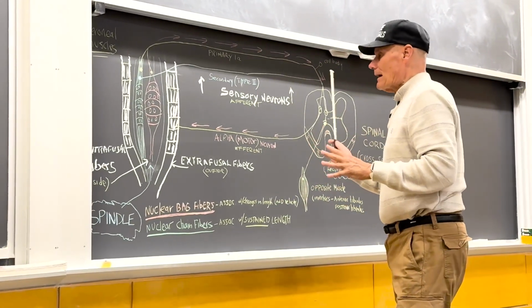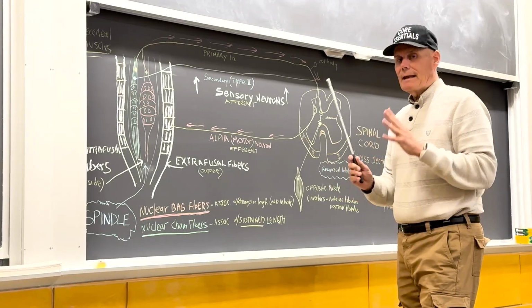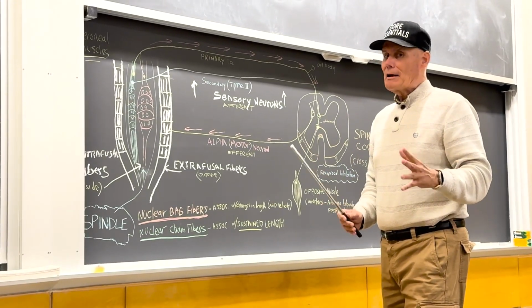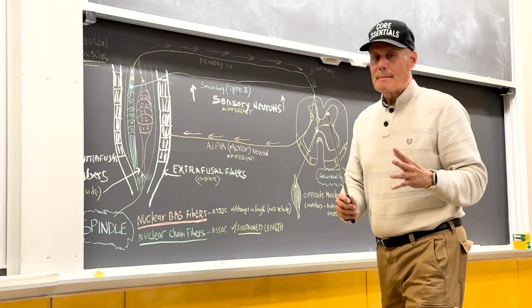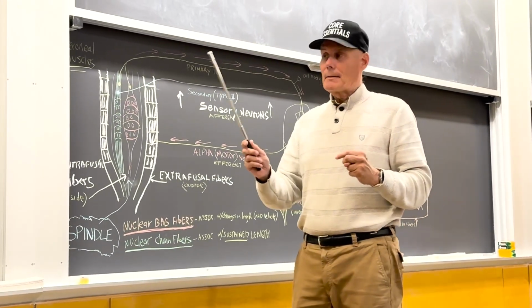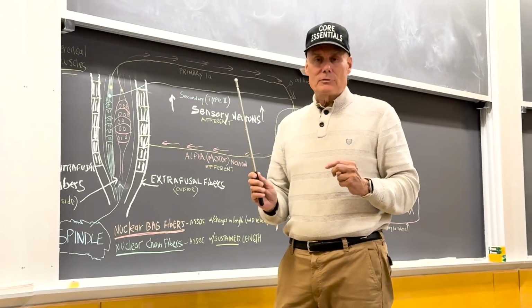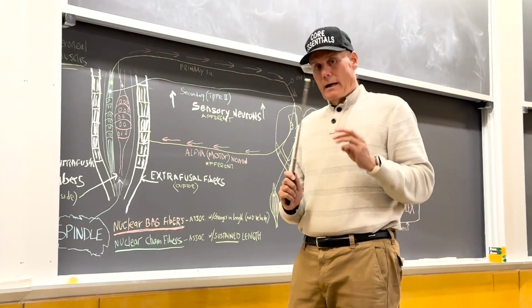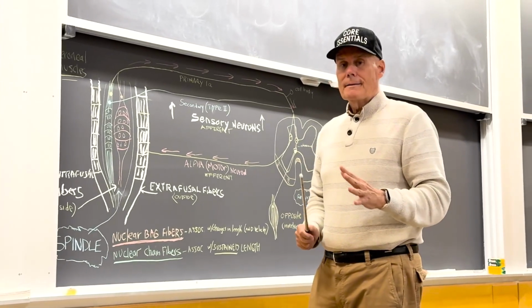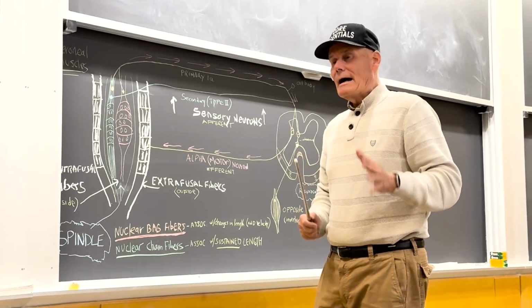But one thing I want to point out that I left out deliberately, and it doesn't mean it's not important. It is. It's called alpha gamma coactivation. I didn't talk about it here, and I'm not going to talk about it on the tonic versus phasic. But it is important. I just didn't want to lose my audience. I want to keep pace with you guys, okay?